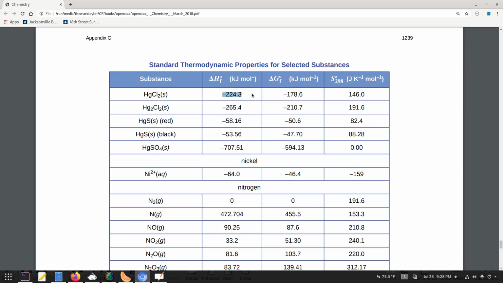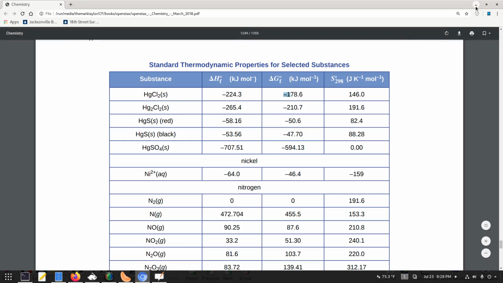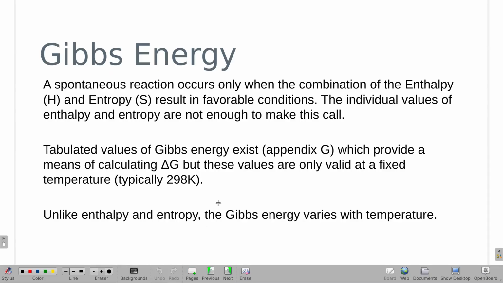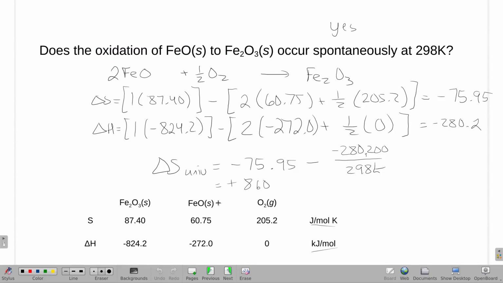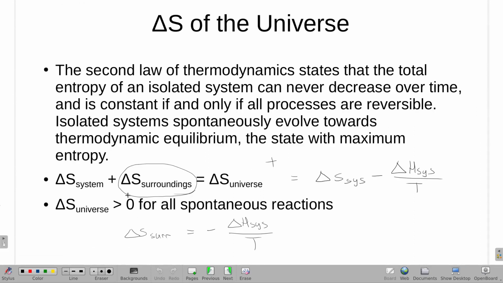So Gibbs felt it was beneficial that if a negative thing was something that was likely to be spontaneous, his Gibbs should be negative as well. So what we have is this weird little dilemma. If you calculate the delta S of the universe, and I'm going to go back to this side, positive is spontaneous.